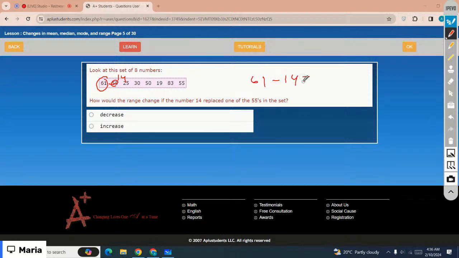So 61 minus 14 is 47. And earlier the greatest number was 61 and the least number was 19.